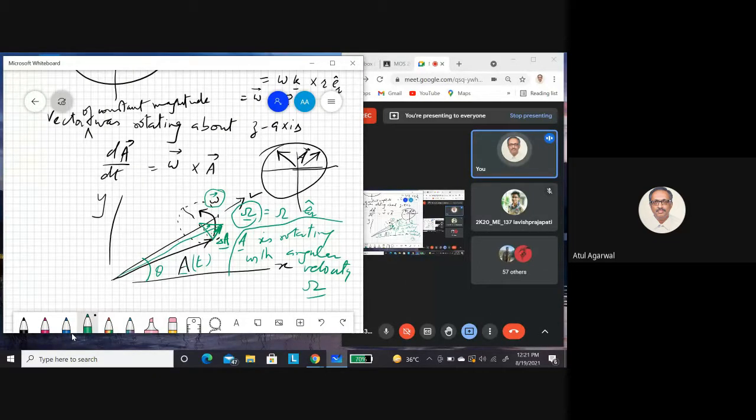This angle theta is being made by this axis of rotation. You have a fixed axis of rotation. The axis of rotation is not changing. If this vector is A, and you draw a perpendicular onto this axis, what is the radius of this circle? Radius will be in terms of the angle between these two. Let's call this angle phi.